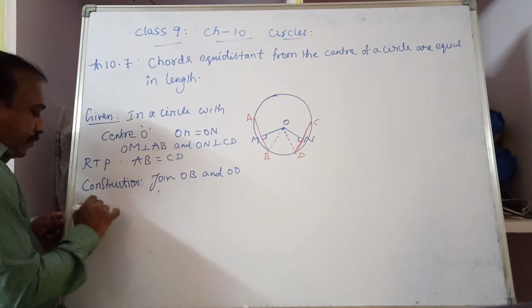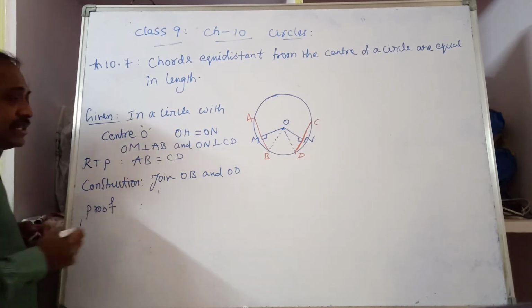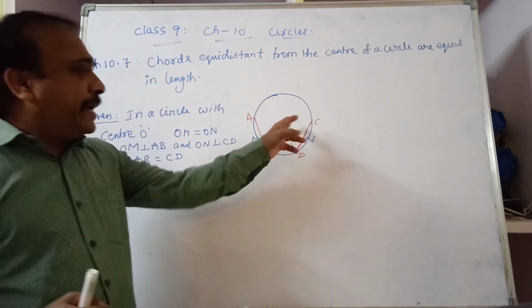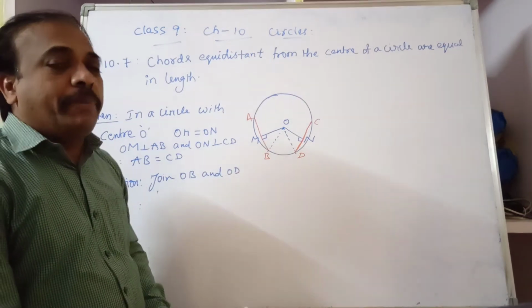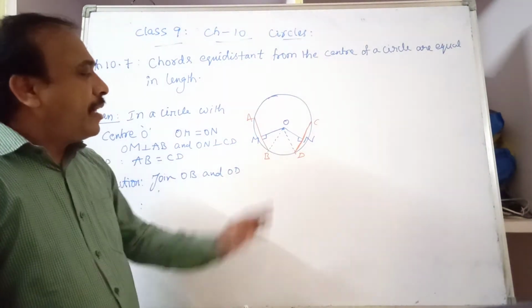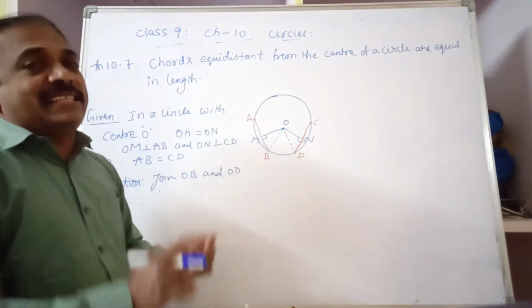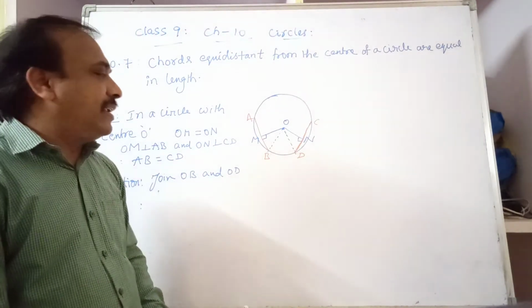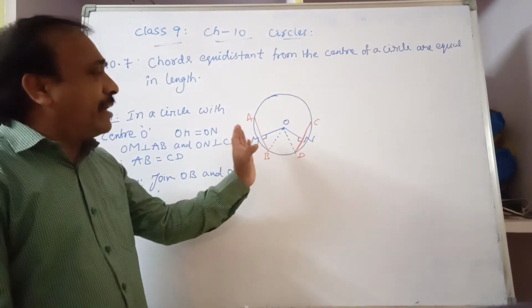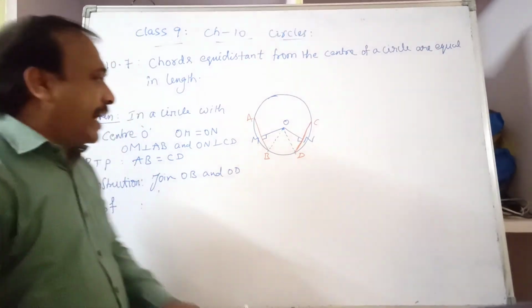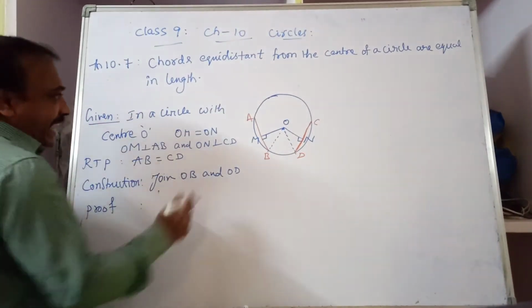Proof: we know that a perpendicular line segment to the chord bisects the chord. That we know very well. A perpendicular line segment bisects the chord. That point we will use at the end.